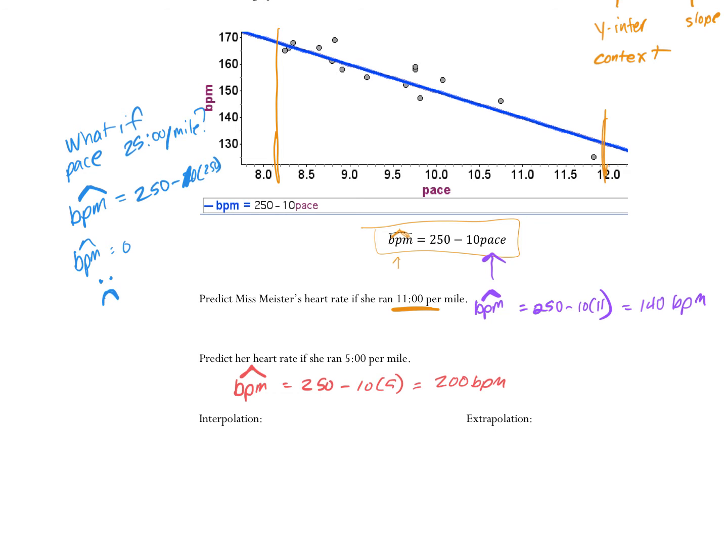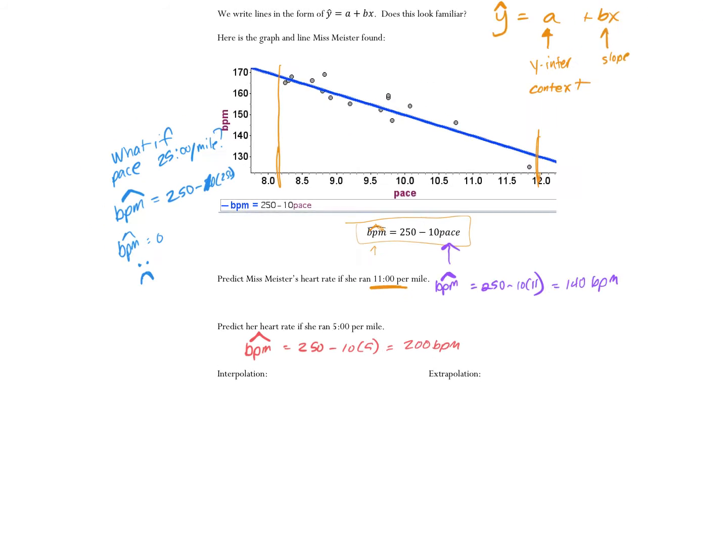When we start thinking about that 25-minute mile, if I extend the axis, it would be like here. That's way far away from our data values, okay? So a model is only as good as the data it's coming from. Does that make sense?